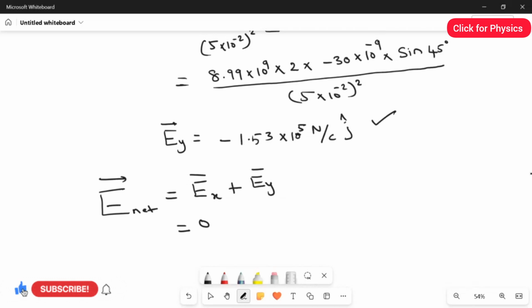So I substitute this answer, plus minus 1.53 multiplied by 10 power 5, and the unit is Newton per coulomb, and its direction for the y component is j cap, right?